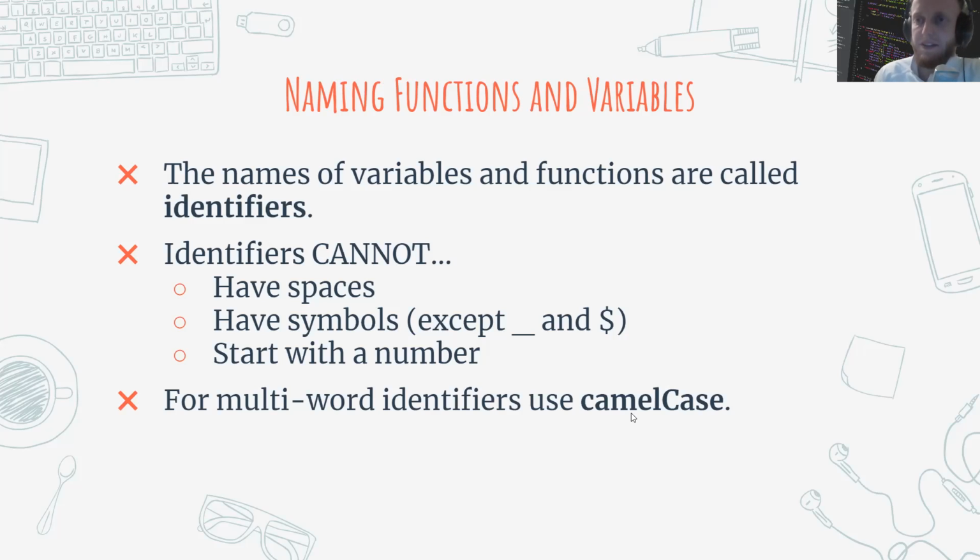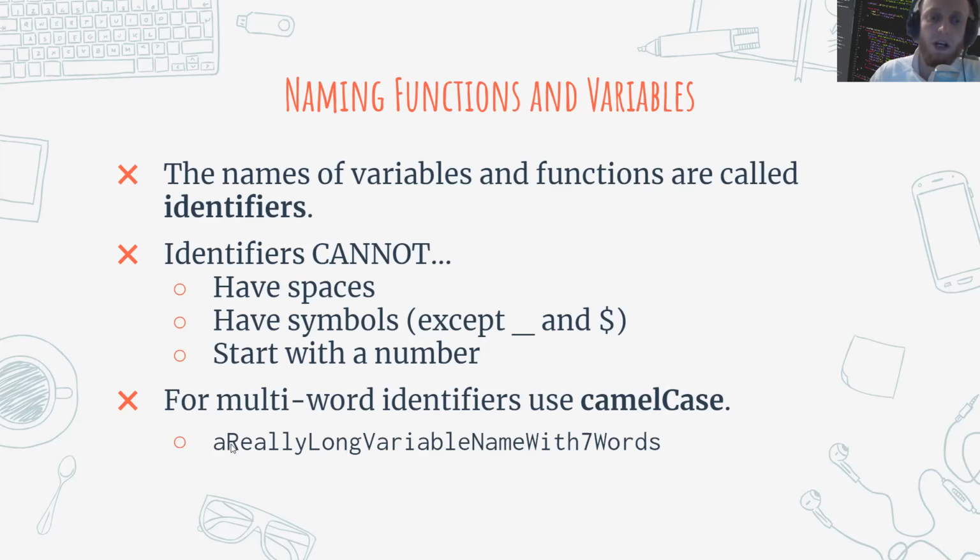So variables by default are lowercase, but if you have multiple words, you start capitalizing the first letter of the following words. So here's an example. You have a really long variable name with 7 words. You capitalize each letter of each word, and there's no spaces, no extra symbols in there. And you can have a number, but you can't start with a number. So those are the rules when it comes to naming identifiers, naming functions and variables.